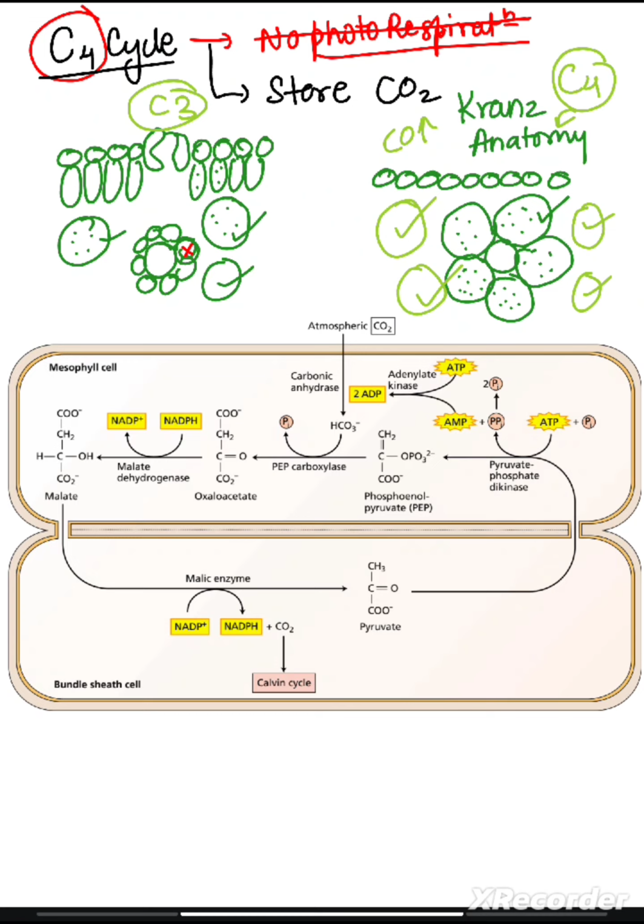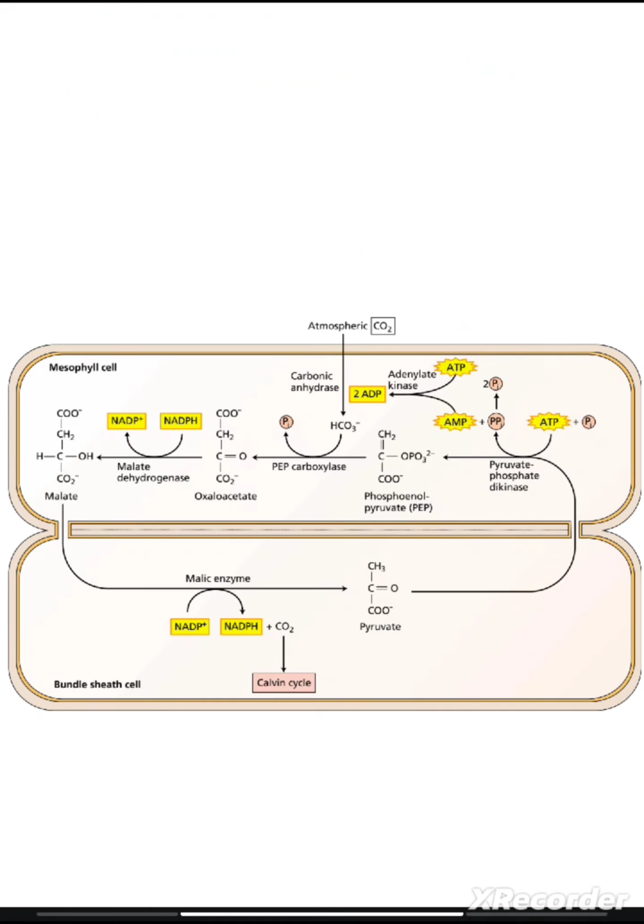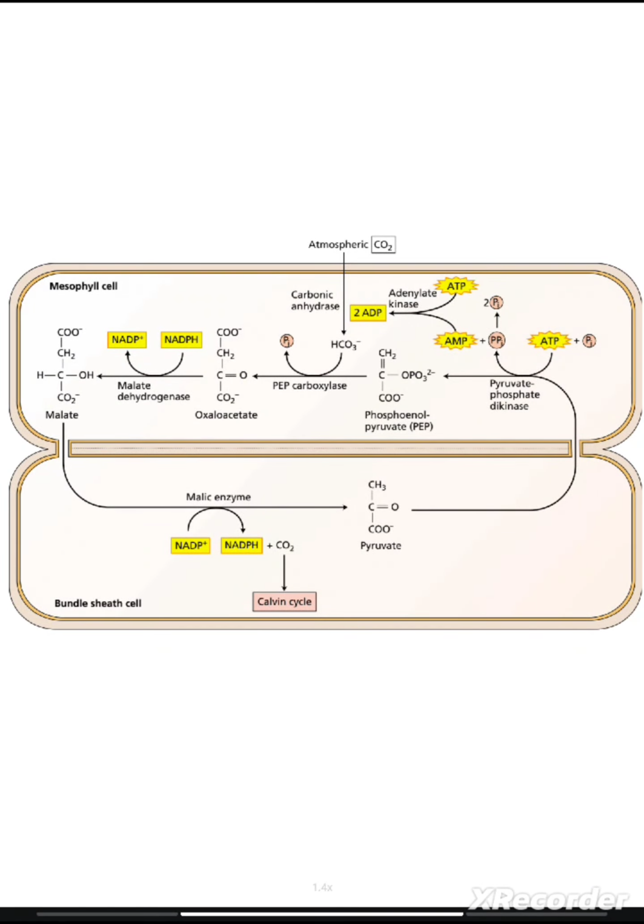Now let's get started with the C4 cycle. In the C4 cycle, what basically happens is that the atmospheric carbon dioxide is taken inside the mesophyll cells.